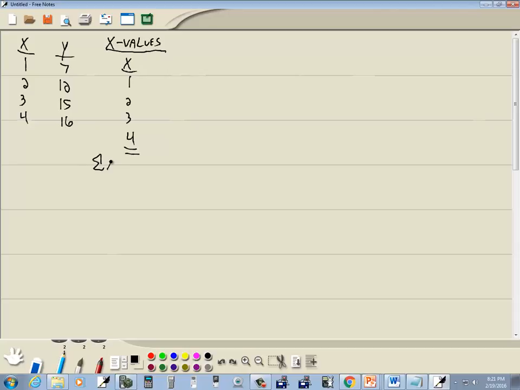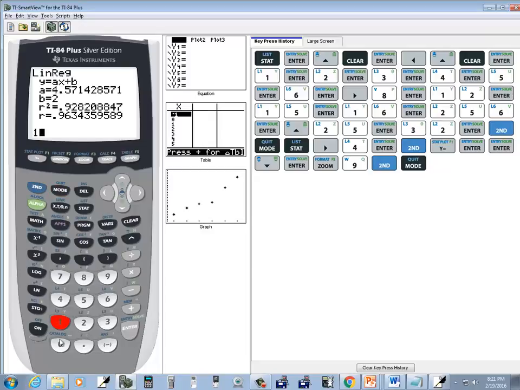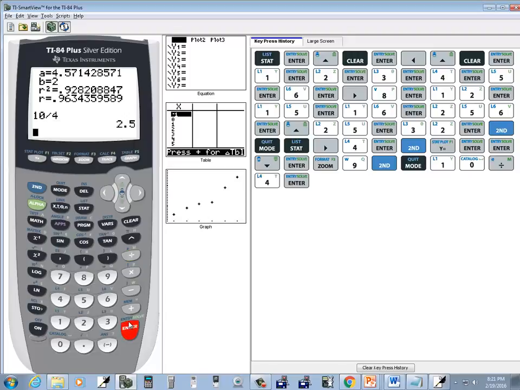So the sum of the x's is 7, 8, 9, 10. And then x bar is going to equal the sum of the x's divided by n. So I'm going to have 10 divided by 4, which I believe is 2.5, but let's see. 10 divided by 4, 2.5.